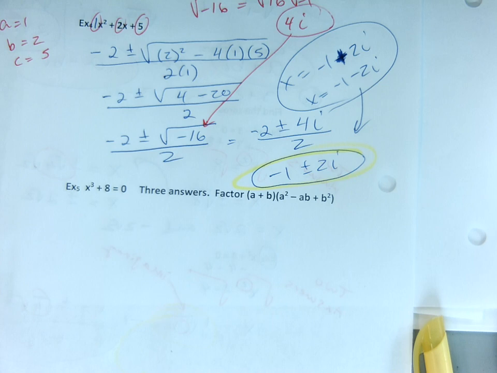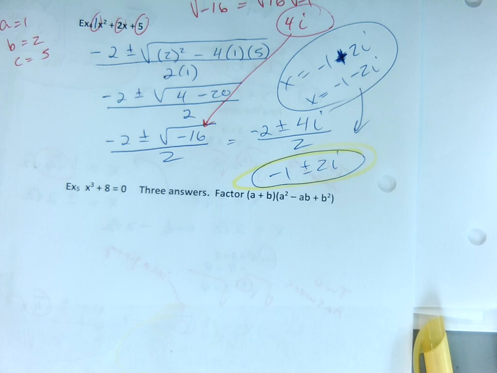Does that make sense? The cube root of negative 8 is what times what times what makes negative 8? Negative 2. So x equals negative 2 is an answer.